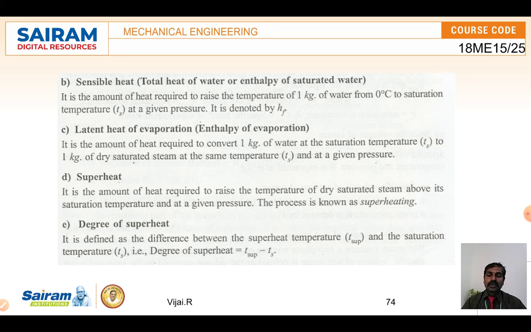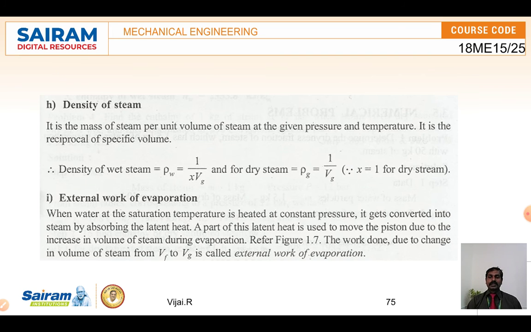The amount of heat required to raise the dry saturated steam to the superheated stage is called the superheat. The degree of superheat is the difference between the superheated temperature and the saturation temperature.